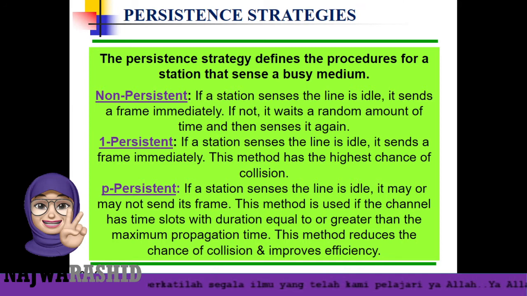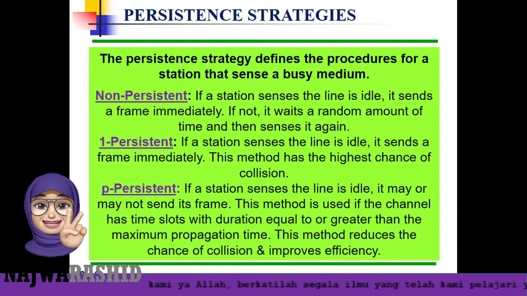Okay, the third persistent strategy is called p-persistent. In this strategy, if a station senses the line is idle, it may or may not send its frame.